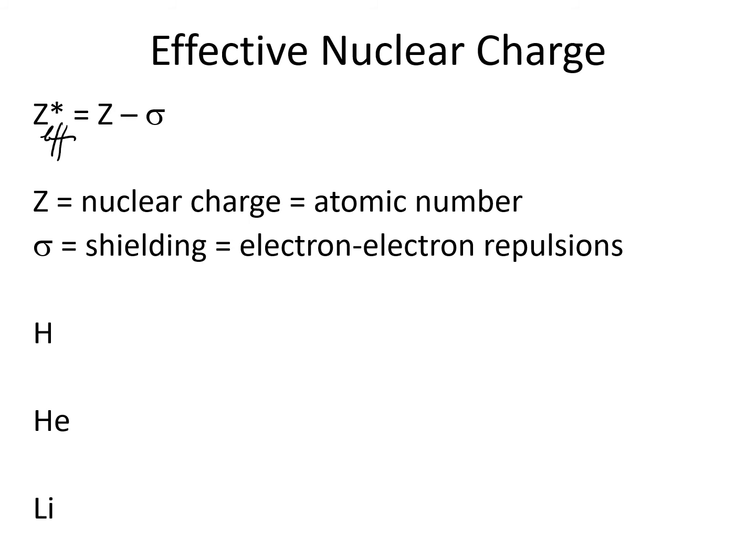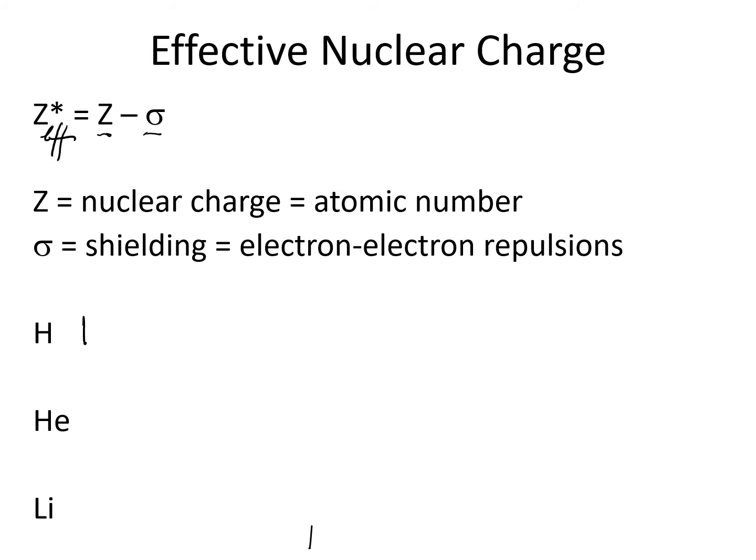And essentially, the effective nuclear charge is calculated by taking the atomic number, Z, and subtracting from it the number of shielding electrons in that atom. Okay? So if we look at hydrogen, hydrogen's atomic number is 1.